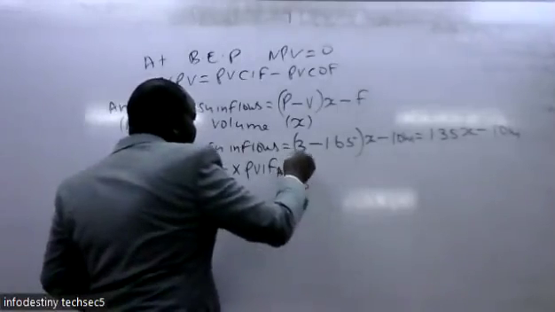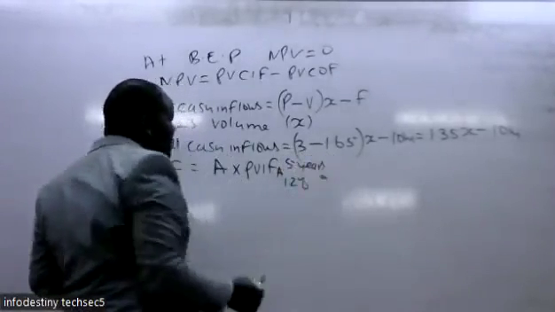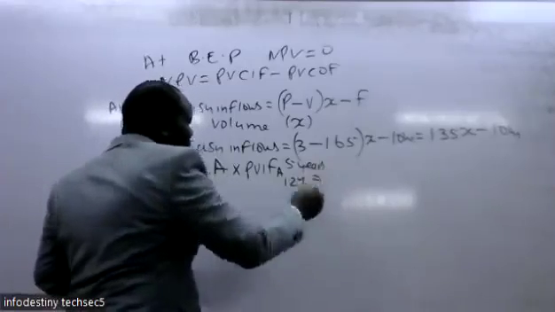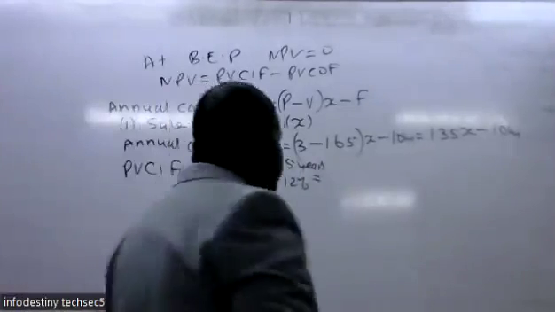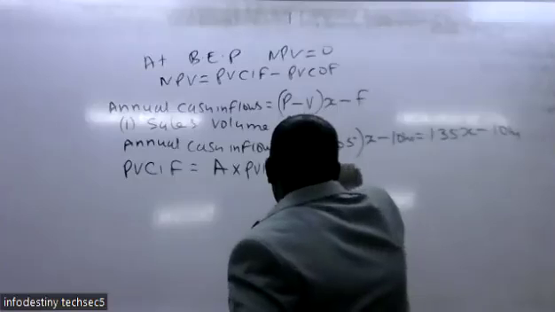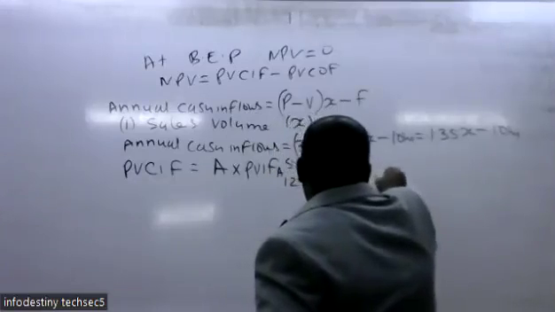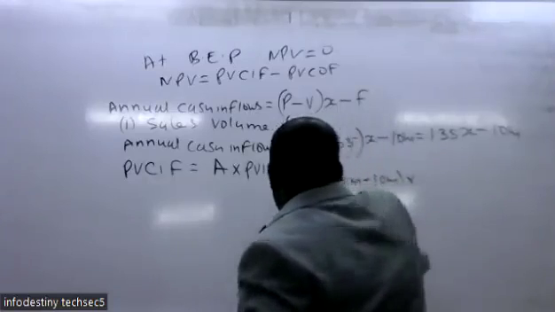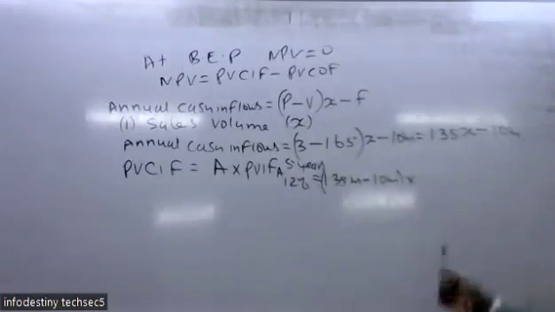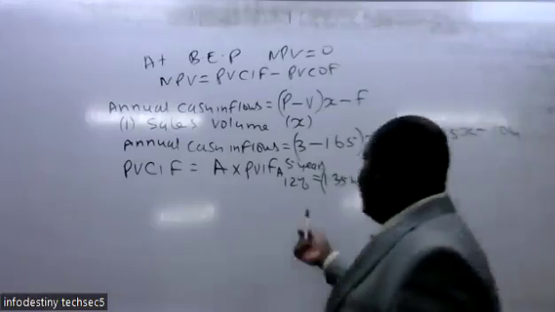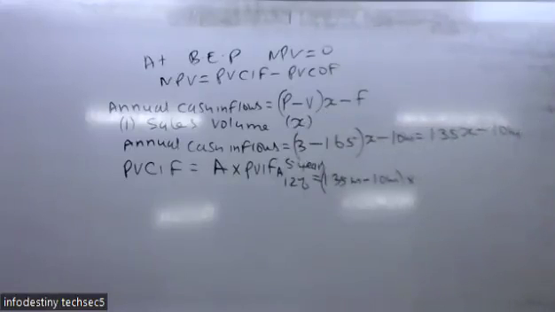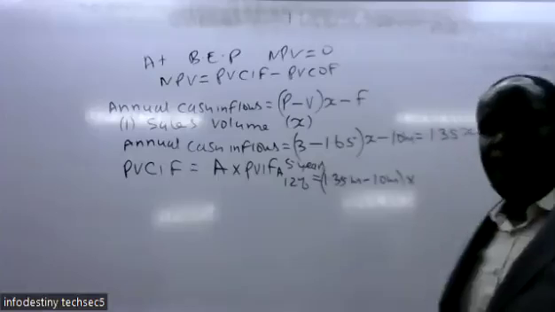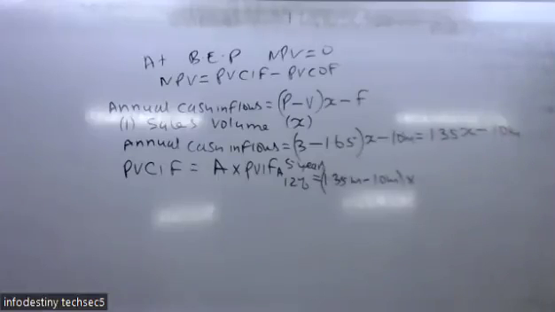Our annuity is 1.35X minus 10 million, so we check in the table what 12% in year 5 is.